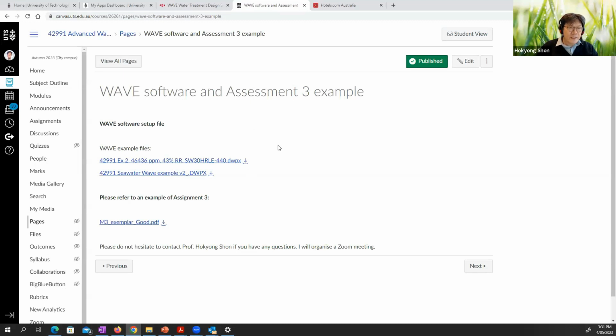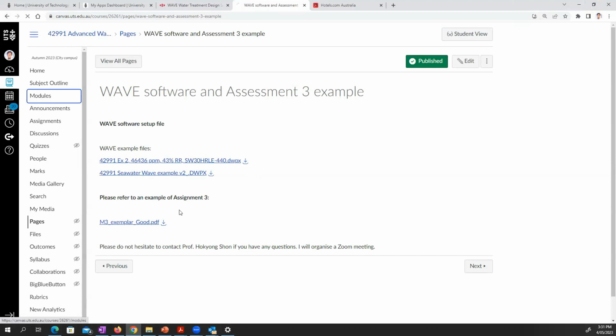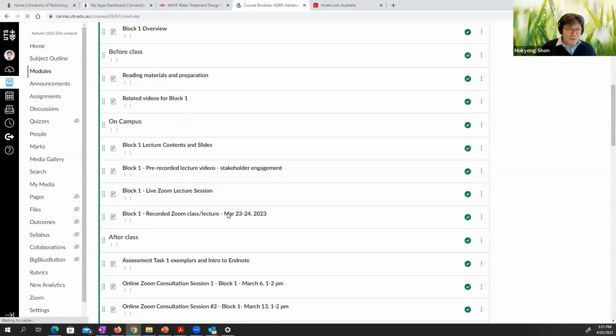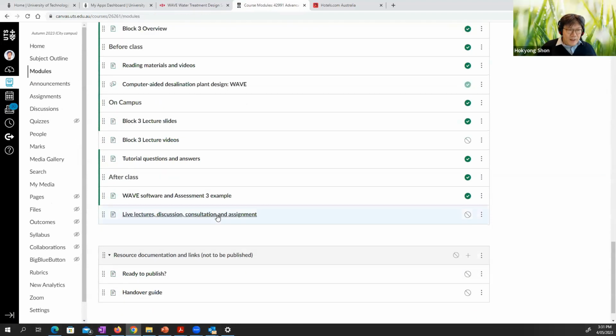Okay, let me show you again. Can you see my Canvas? Yes. If you go to the Canvas module, and then block 3, I think I will share this example after class.